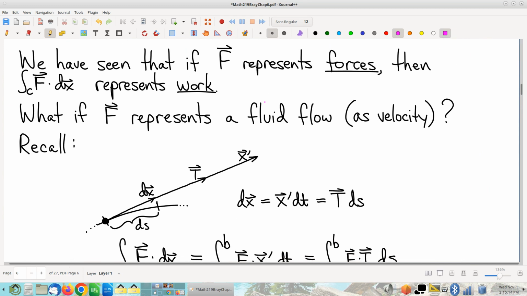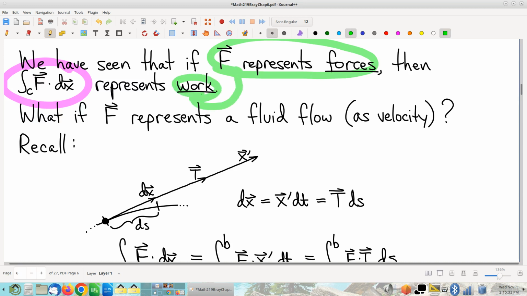Okay, so next question. We've got this new construction, vector line integral. The motivation for this construction was in the context of assuming that our vector field represents forces, and we wanted to figure out how to compute work.